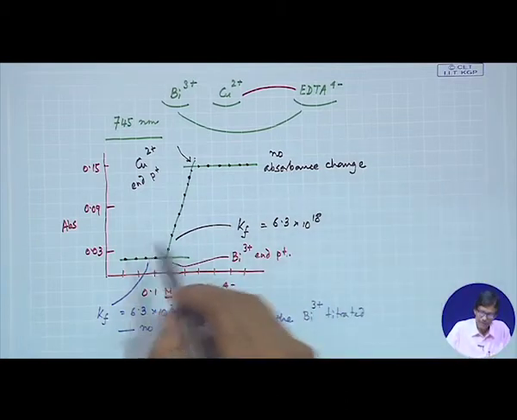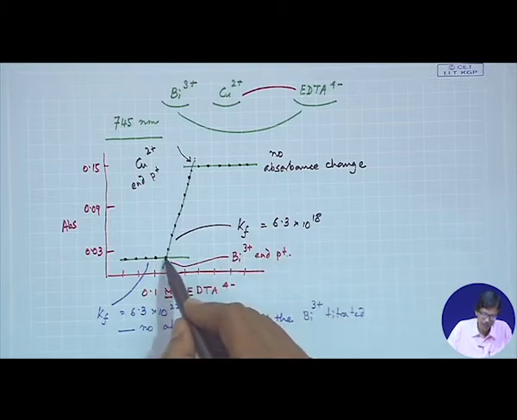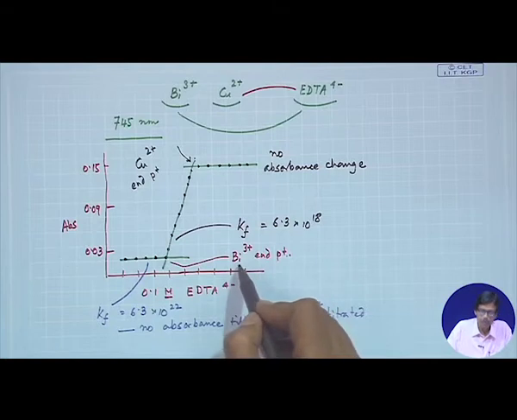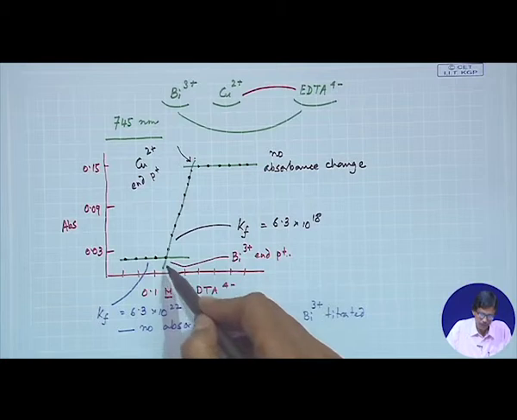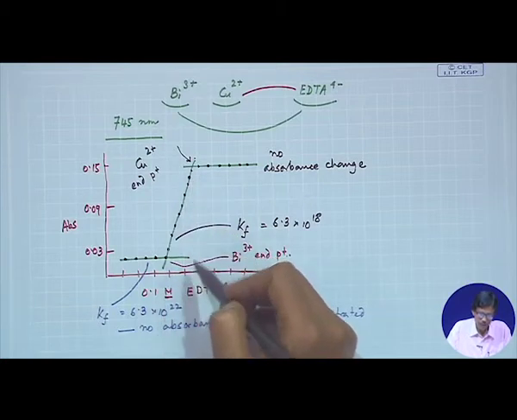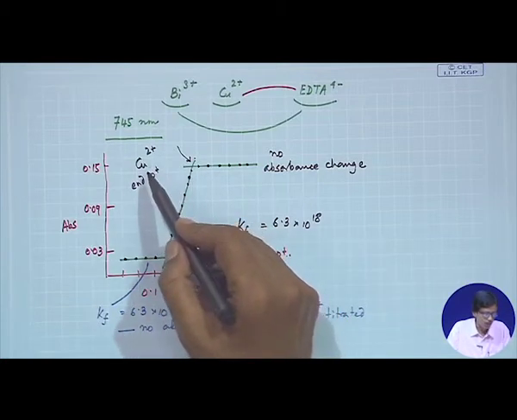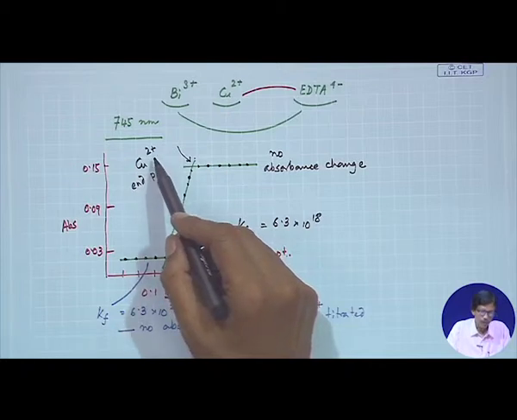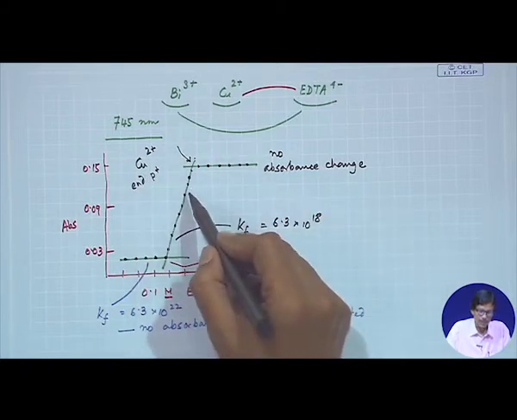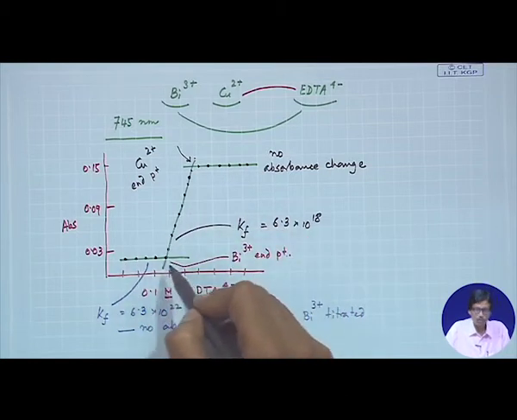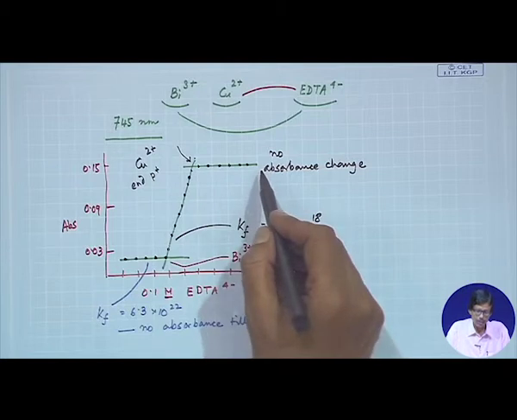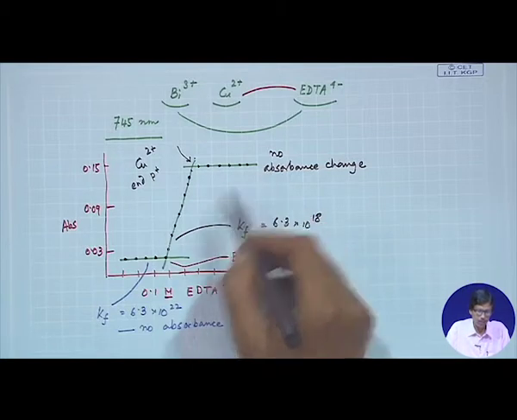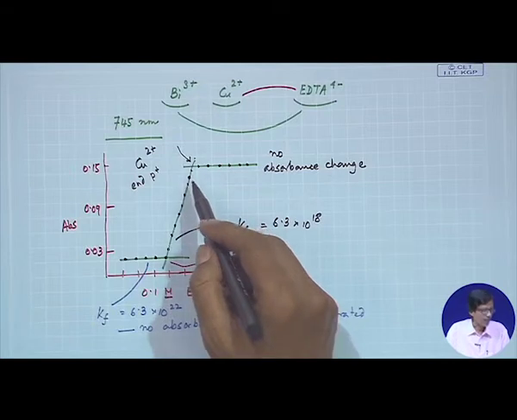As a result, this much volume of EDTA is equivalent to the bismuth present in the solution, and from here to here, if we subtract this volume, this will also give you the end point for the copper in this complexation reaction. Beyond that, we have consumed all the bismuth as well as all the copper, so there is no change in absorbance, because the copper has also been exhausted.